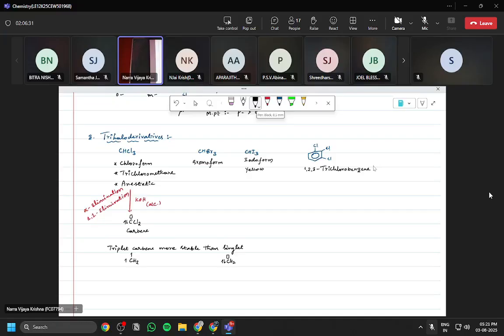Setting the chlorine on the first carbon, we can get the third carbon. Correct. Keeping this one carbon chlorine here, both are same. I understood your thought. Both will be same only, no?